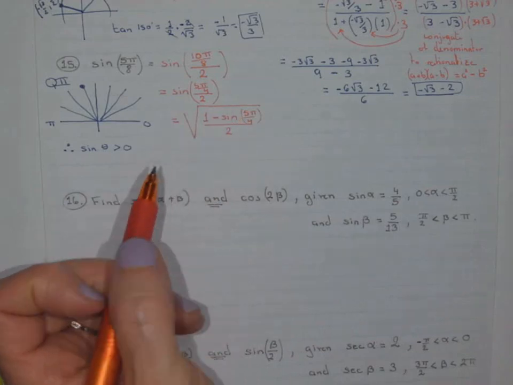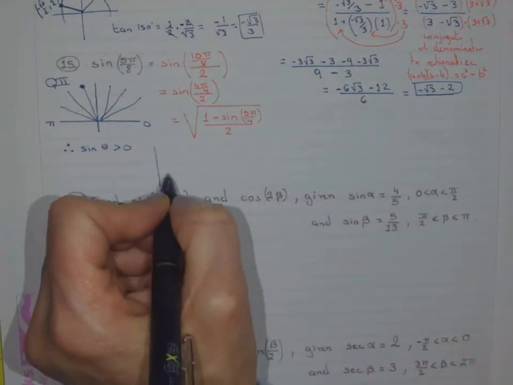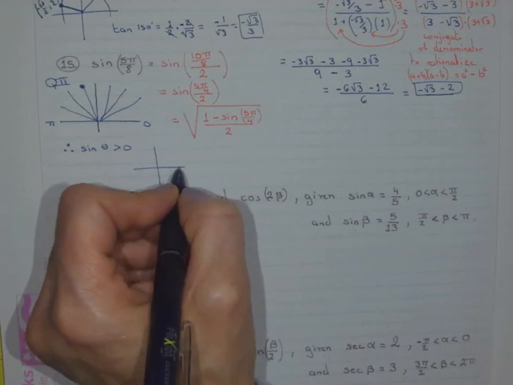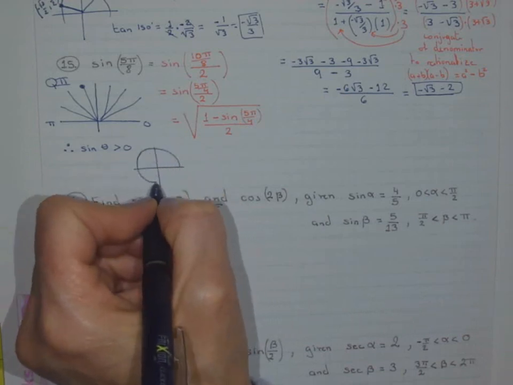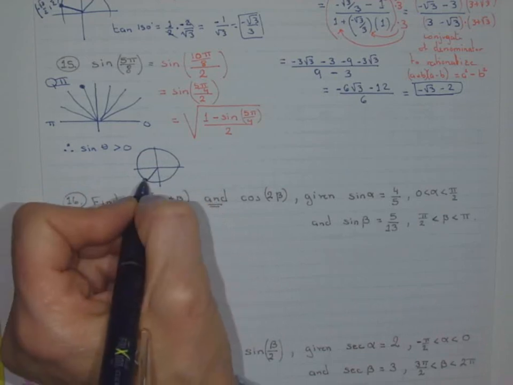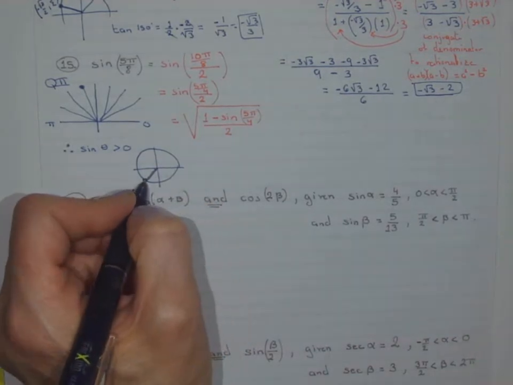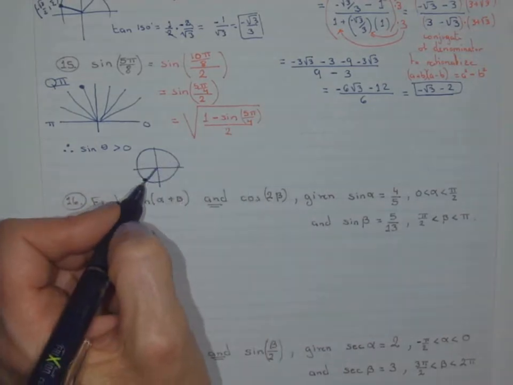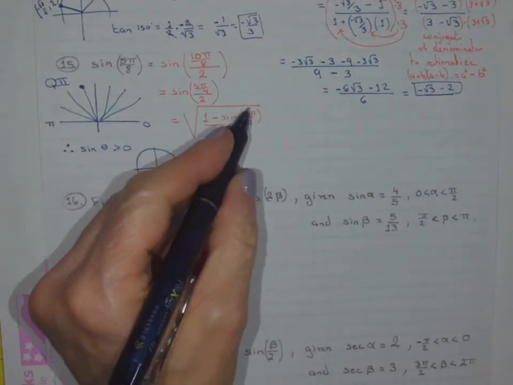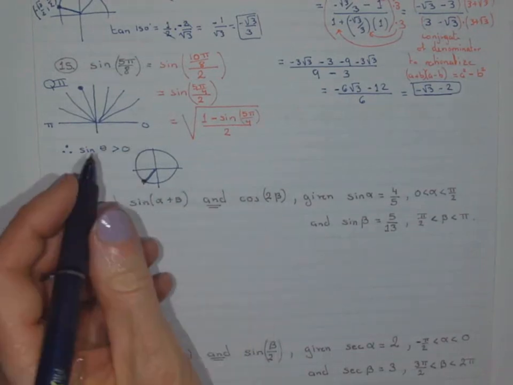Where is 5 pi over 4 in your unit circle? 5 pi over 4 will be right there, right? In quadrant 3, and so that will give you a sign that's negative here, right? For the 5 pi over 4, the sign will be a negative.